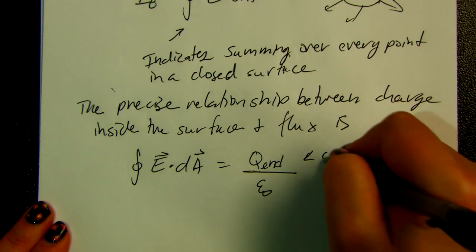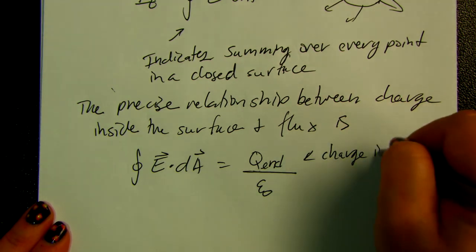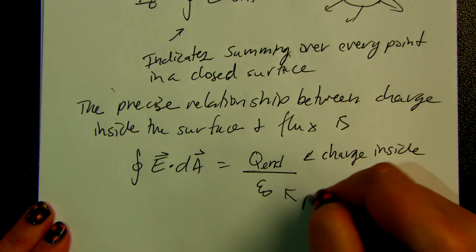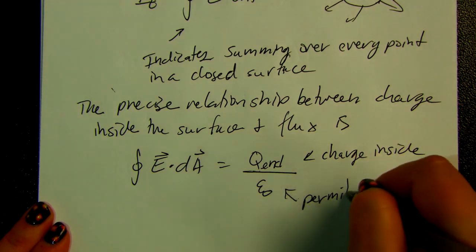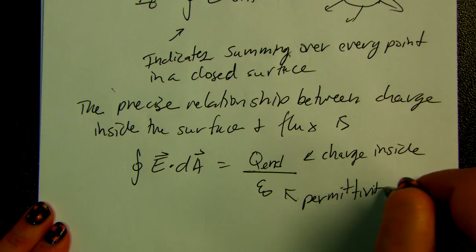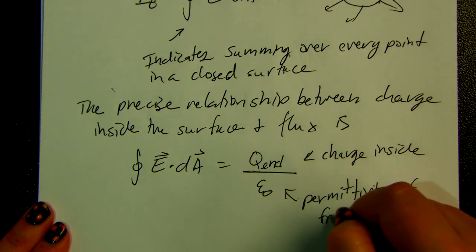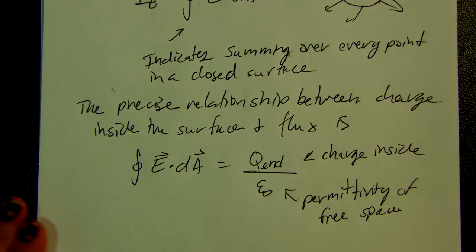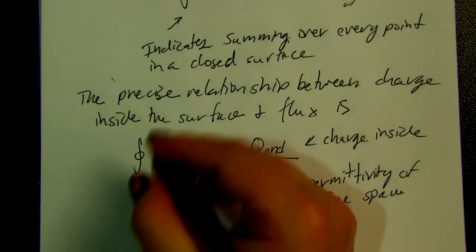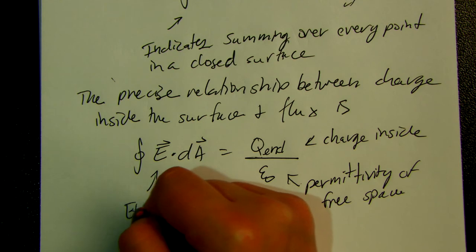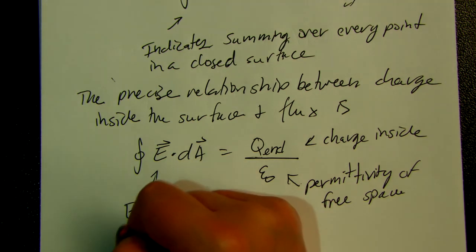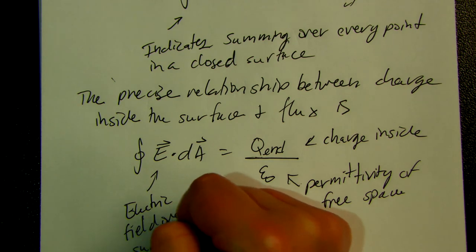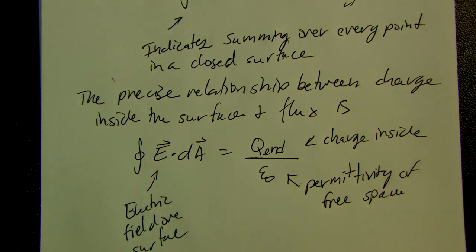So this is the charge inside, and this is the permittivity of free space, that fundamental constant we've been seeing all semester long. So the electric field over the surface, and then of course the surface area.